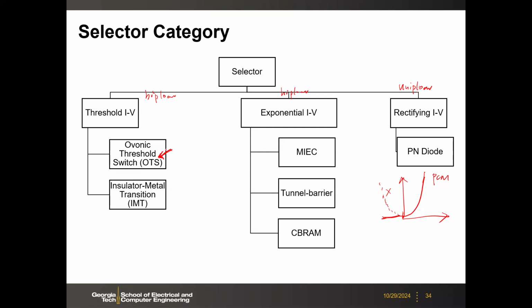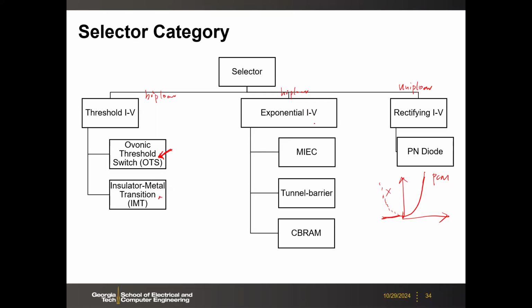And then the other one is called insulator metal transition, and there's some academic progress on that, but no industry adoption. Basically the material will change between the metal phase and the insulator phase, and the challenge there is that the on-off ratio is kind of small.